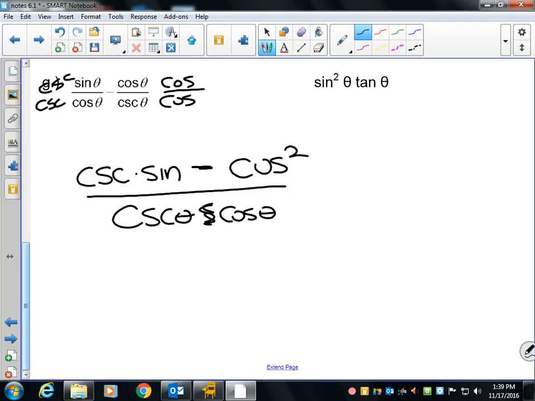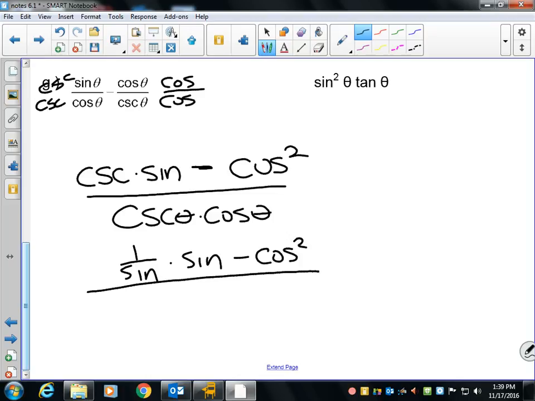What is cosecant? Cosecant is 1 over sine. So if I go 1 over sine times sine minus cos squared all over cosecant theta times cos theta.